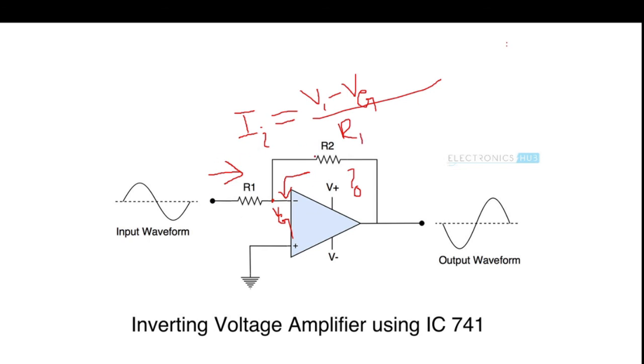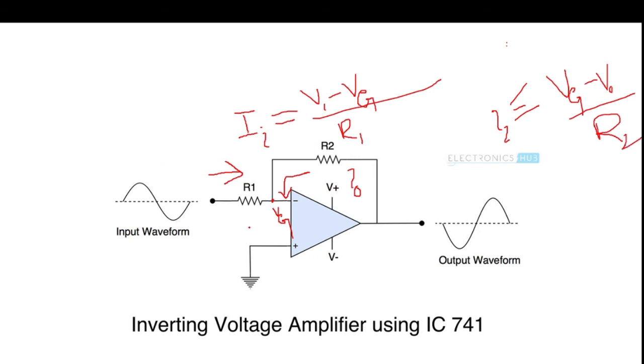Here the current across R2, I2, equals Vg minus V0 over Rf or R2.